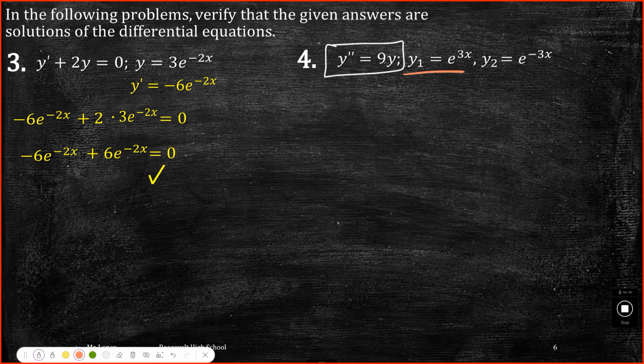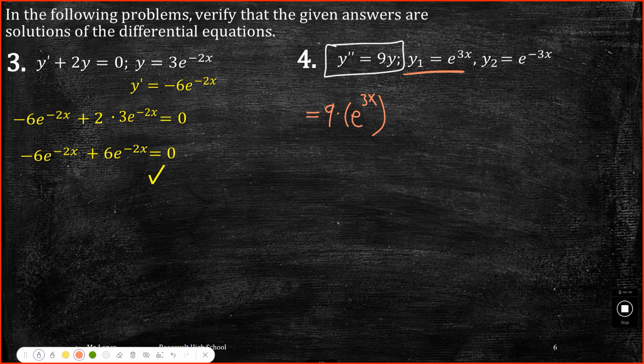Let's do it for this one first. On the right side we got 9 times y, and y is this thing, so it'll be e to the 3x. So that's what we got on the right side.